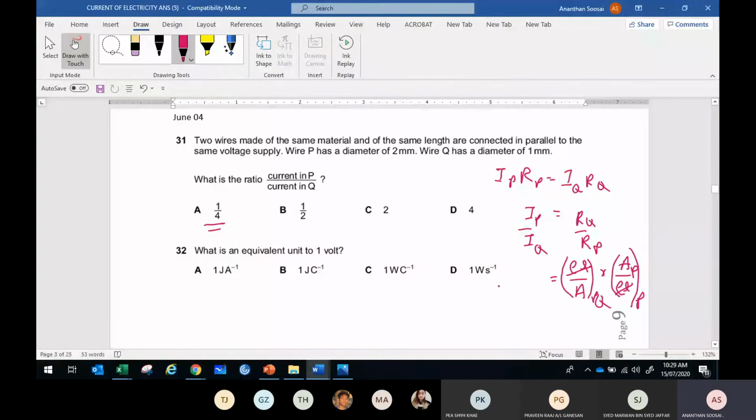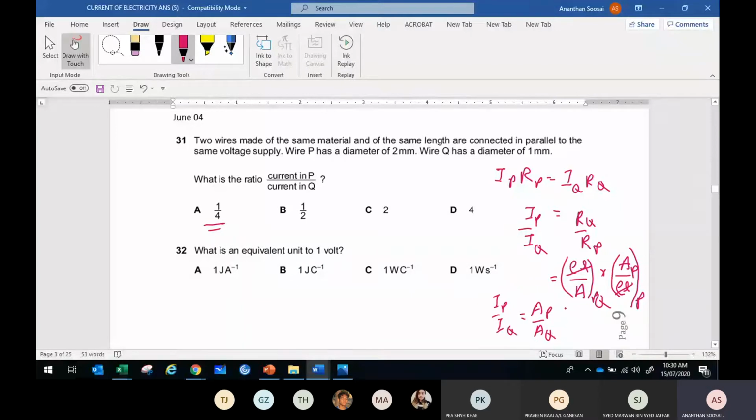So IP over IQ is AP over AQ. Correct, right? So AP over AQ. Yeah, okay. AP over AQ.